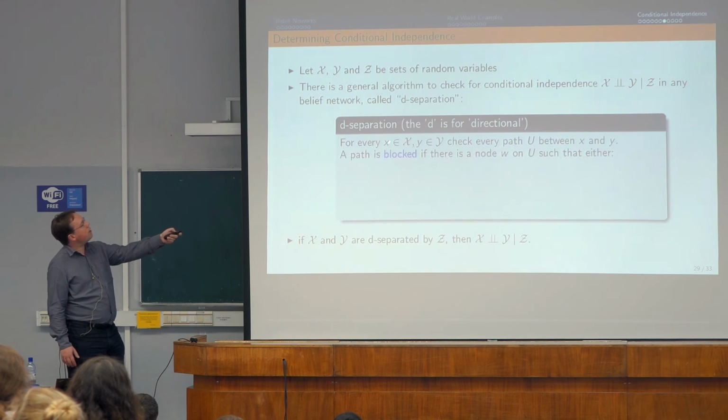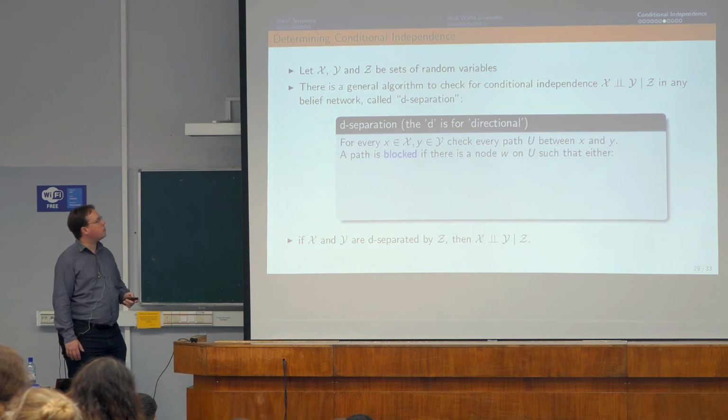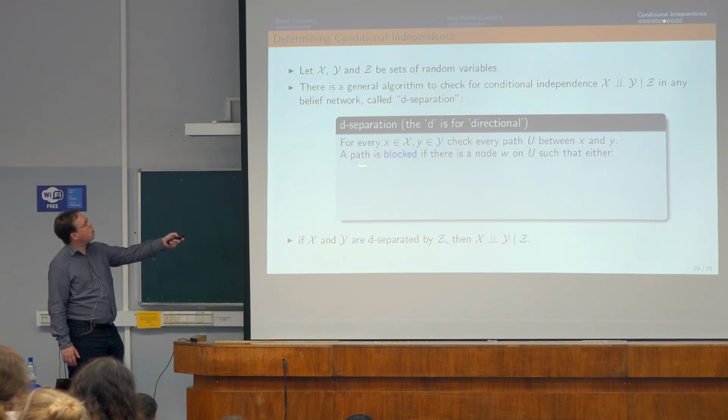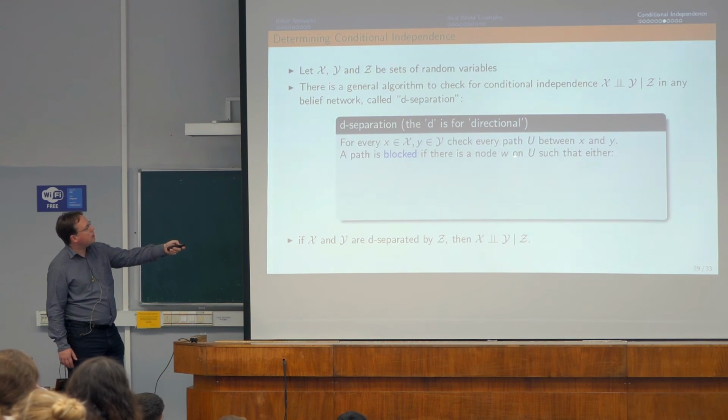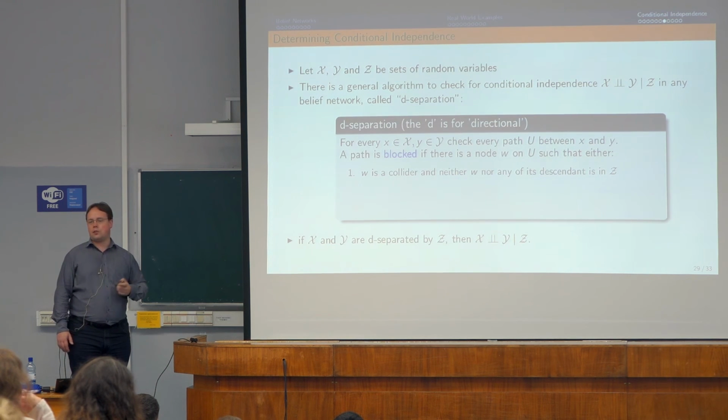So for every variable in the first set that you want to check, and for every one in the second one, you check every path between them. Right? It's a directed graph. You can enumerate the paths between them. We call a path blocked if there is a node in between on the path such that it is a collider and it's not in the set we condition on, and none of its descendants is in the set we condition on.